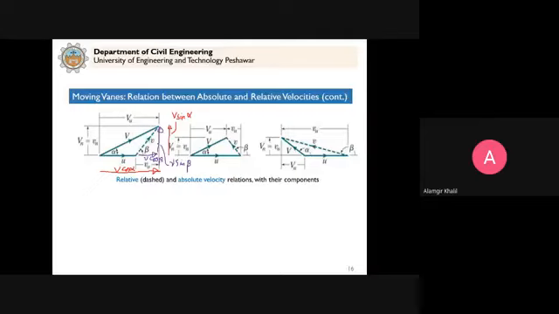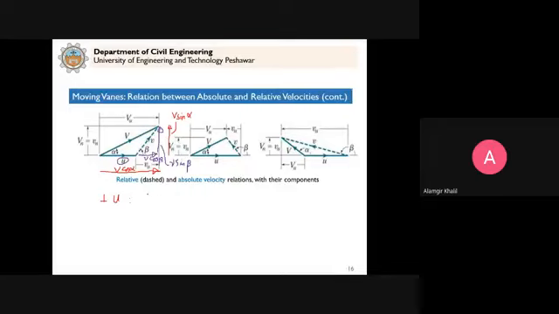Clear? So now from the figure, what is Vu? Perpendicular to u, what is the situation here? u is the motion in this direction. You see, these two components must be the same.